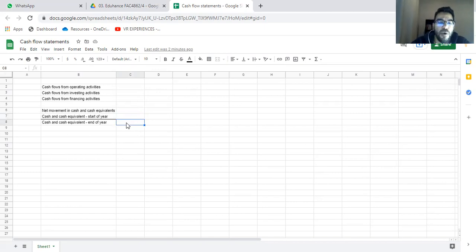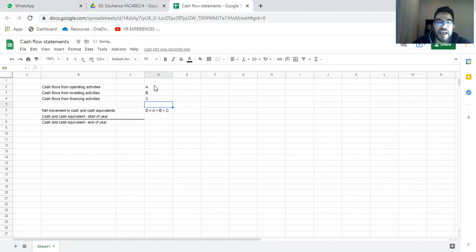But this is very important: don't make up this number to be closing minus opening. What this number must be, you must show it to them that it is the sum of these three. So very important, this must equal A plus B plus C. So this here is A, that there is B, and that there is C.